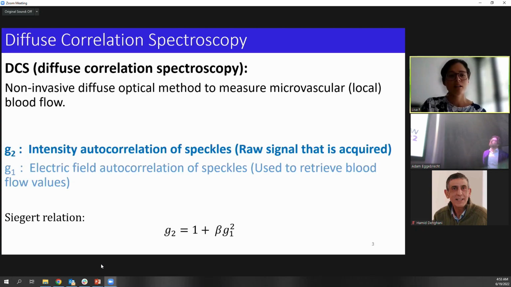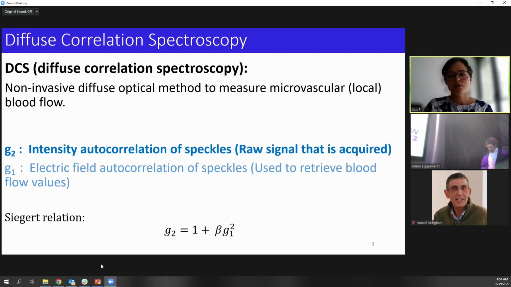So the main technique that I'll be talking about is called diffuse correlation spectroscopy, or DCS. This is a non-invasive optical method to measure the microvascular and therefore local blood flow. The raw signal that we acquire, we call it G2, which is the intensity autocorrelation of speckles.